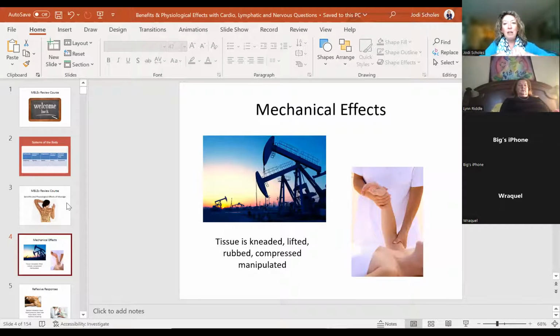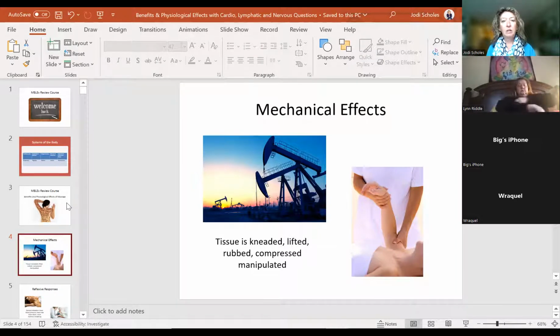Something has been stretched, something has been physically addressed to get a mechanical effect. So as you see on the slide, it's been kneaded, lifted, rubbed, compressed, manipulated, stretched. There's been some physical manipulation of the tissue.